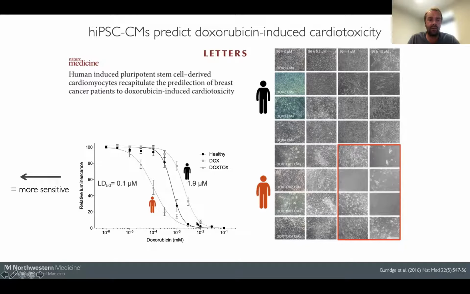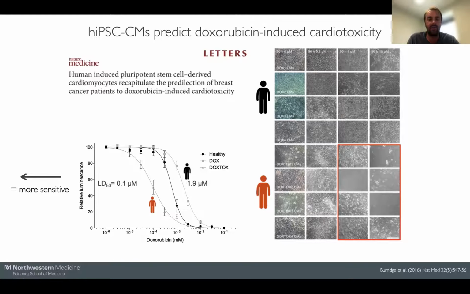So here is our kill curve, and as you can see, for the iPS cell cardiomyocytes derived from the 4 patients who had toxicity, their cells die at a much lower dose of doxorubicin. And intriguingly, patients who didn't have toxicity actually seem to be slightly resistant to doxorubicin. Essentially, those cells can survive a slightly higher dose when compared to healthy patients.